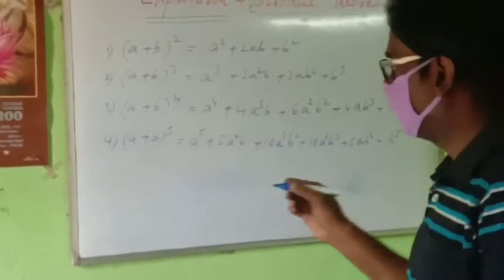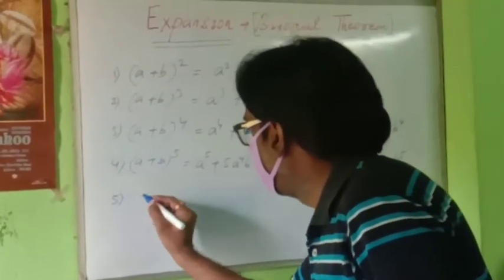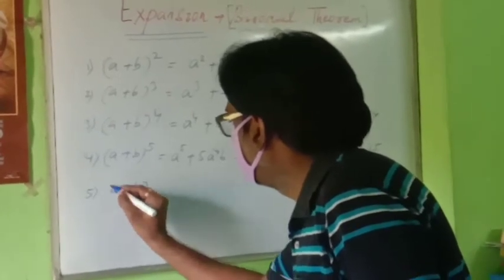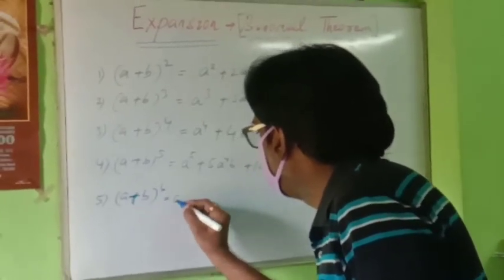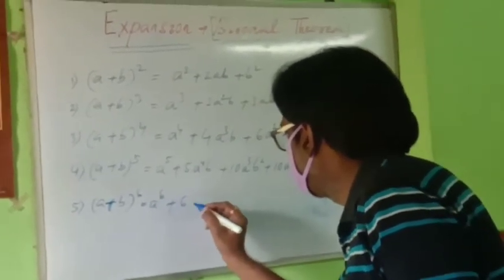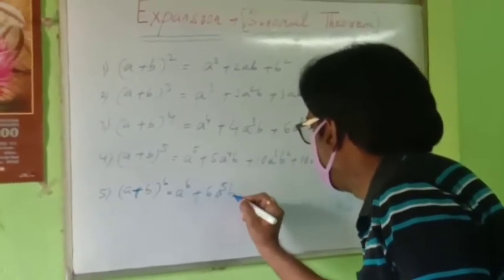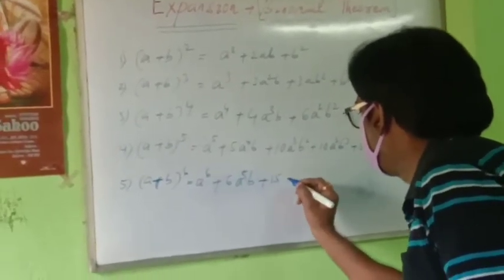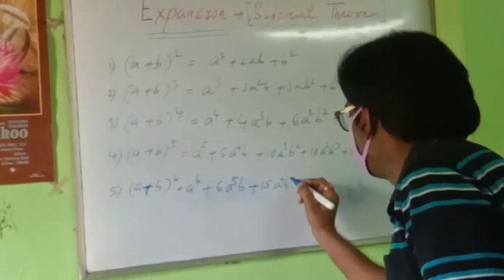Okay, next same process: a plus b whole to the power 6. Tell me, this will be a to the power 6. Next it will be 1 plus 5, 6 a to the power 5 b. Next 5 plus 10, 15 a4 b square.